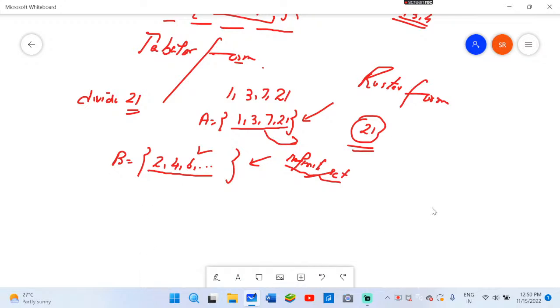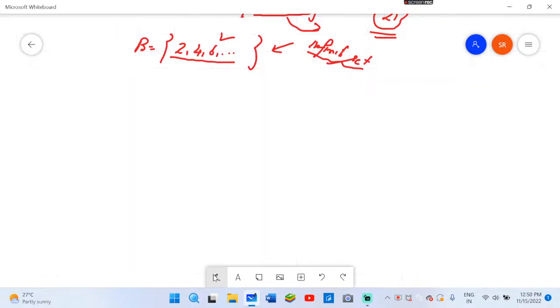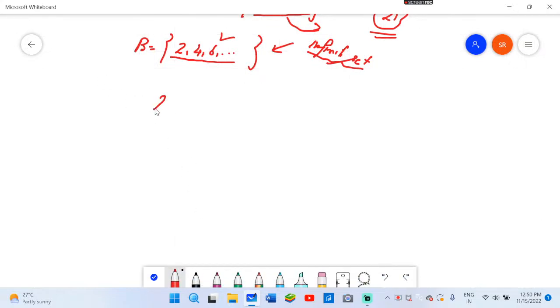Then set of all prime numbers less than 15. Let us write them. 2, 3, 5, 7, 11, 13. And enclose them in curly braces.